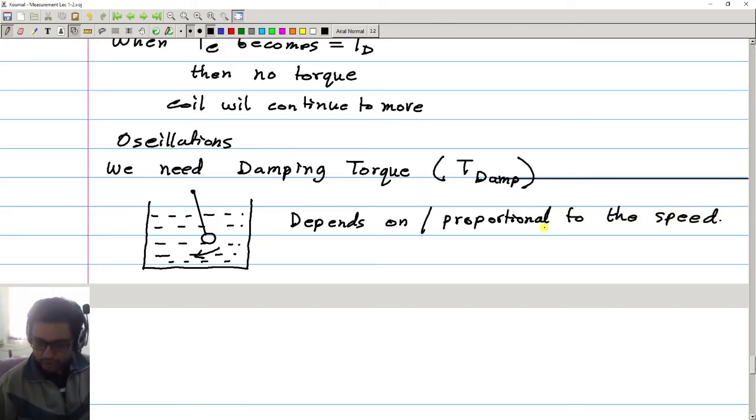Therefore in our instruments, the damping torque that we need, we would like to have that proportional to the velocity or the speed or angular velocity, that is d theta/dt.